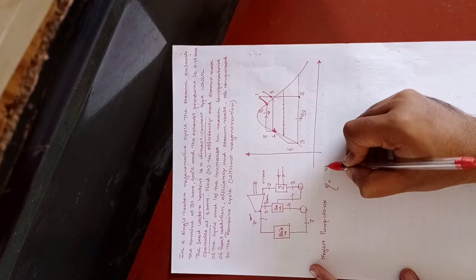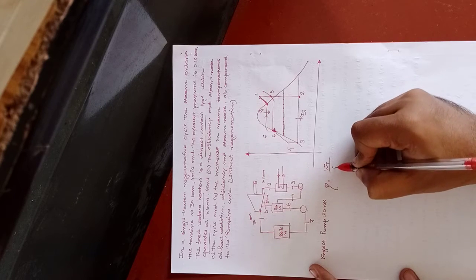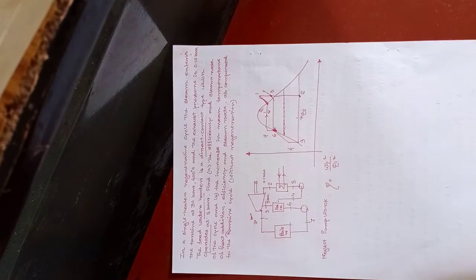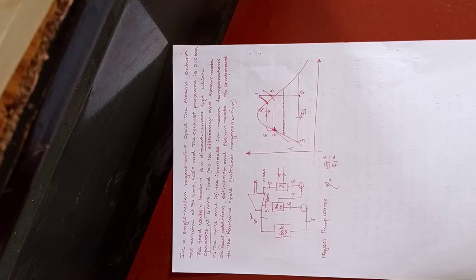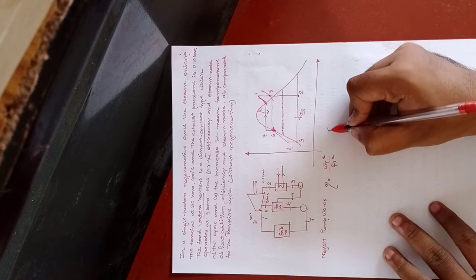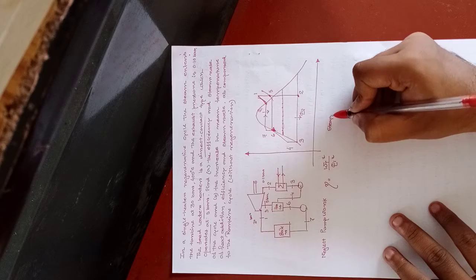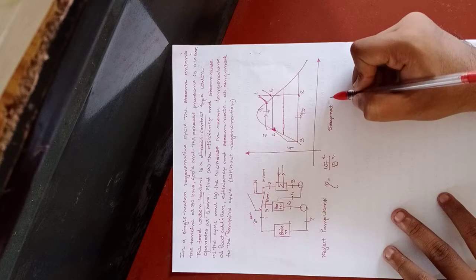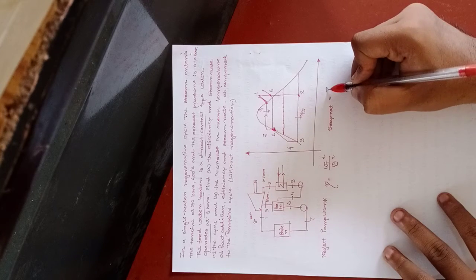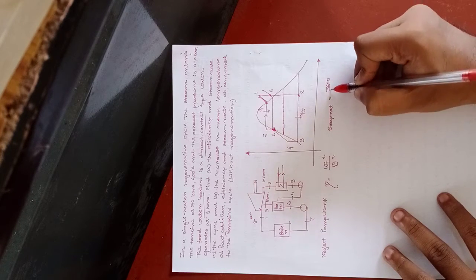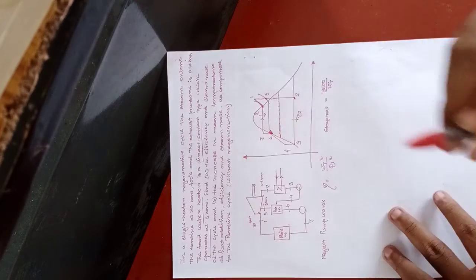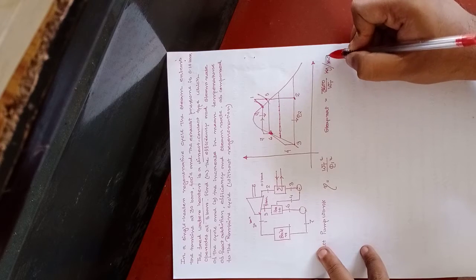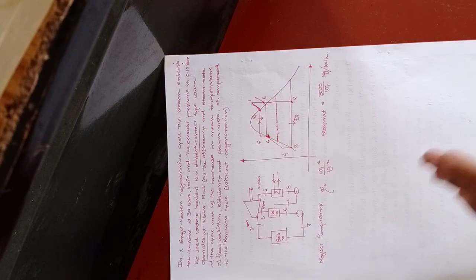Efficiency is nothing but WT by Q1, so we have to find out WT and Q1. And one more thing, we have to find out the steam rate, which is nothing but 3600 by WT kg per kilowatt hour. So we will find out WT and Q1.